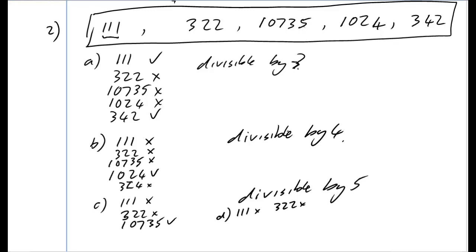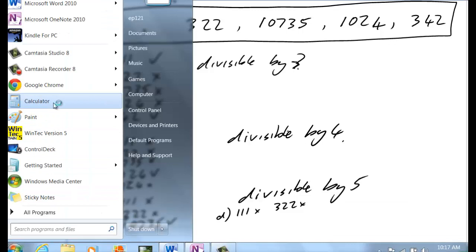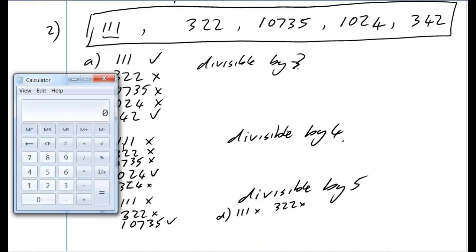If I get a calculator out, let's have a look. Let's get a calculator. Show you what I'm doing. 735, is it divisible by 8?